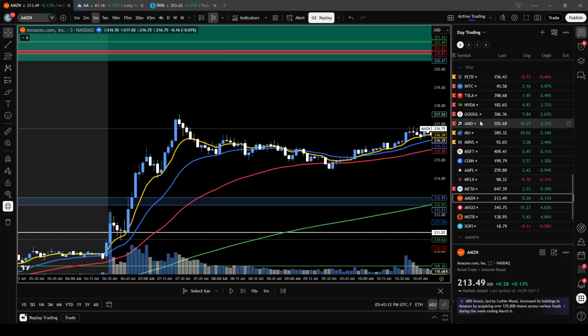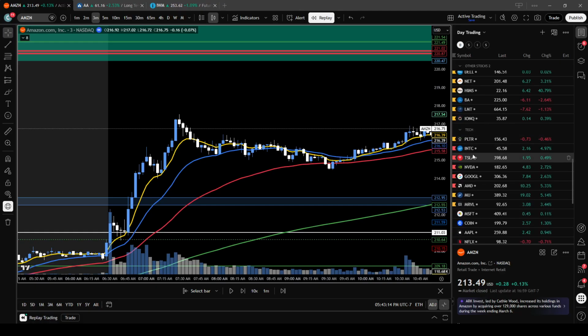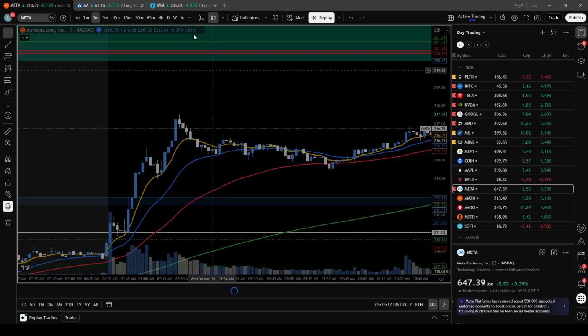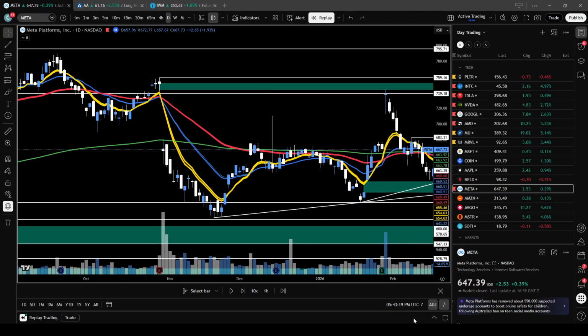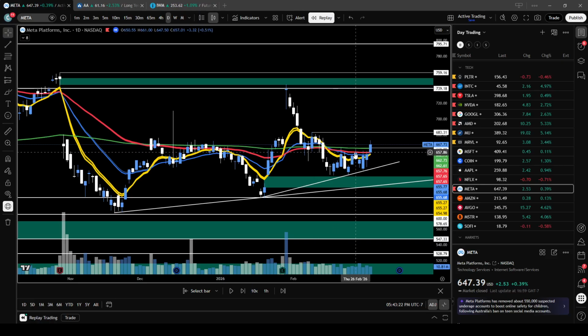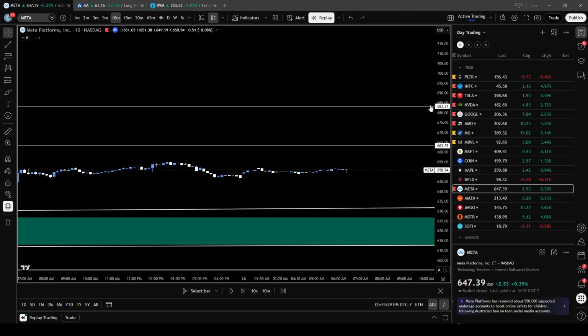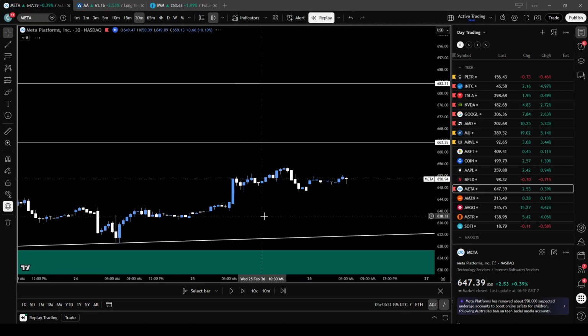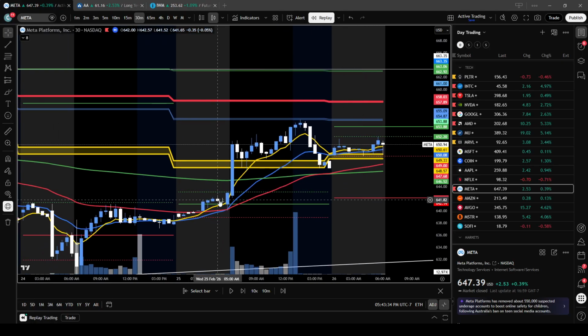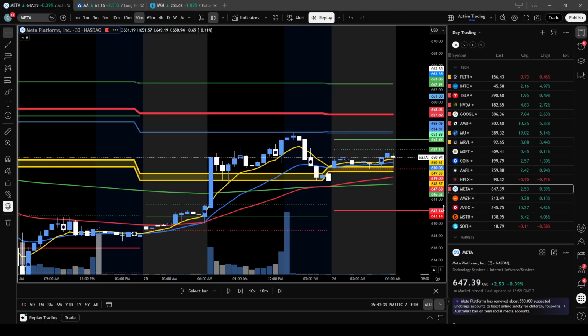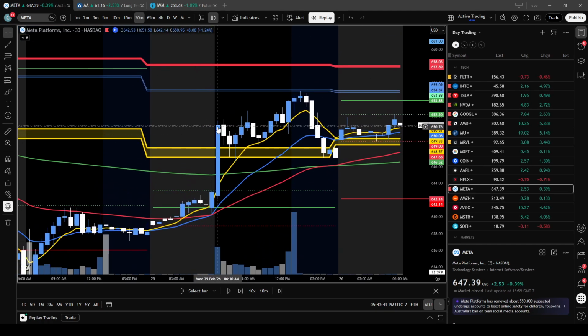And then another example is Meta on the 25th. Where's Meta? All right, so we get this big impulse move, get over the daily 8 EMA, comes down, nice price action, getting bought up, taps the 8 EMA on the 30, comes back.